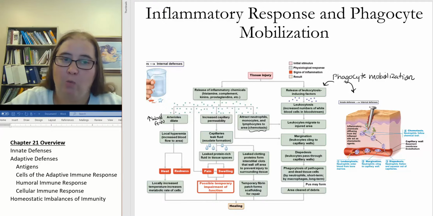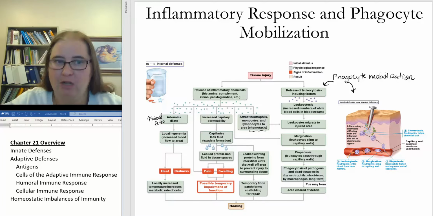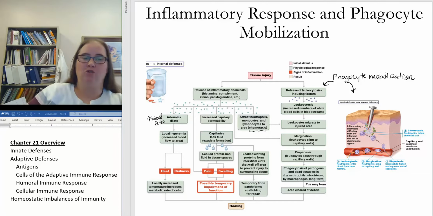Okay. Once they're in that area of damage, they get to chow down. That neutrophil is going to start phagocytizing that region. The neutrophil will come in first. That will then be followed by the monocyte, i.e. the macrophage. So the neutrophils will try to control the army of pathogens penetrating this area.